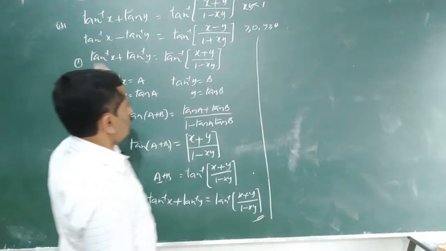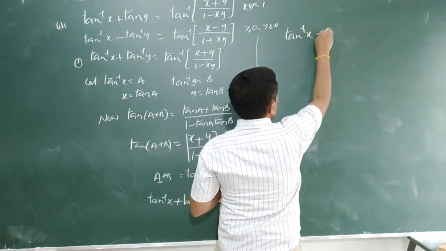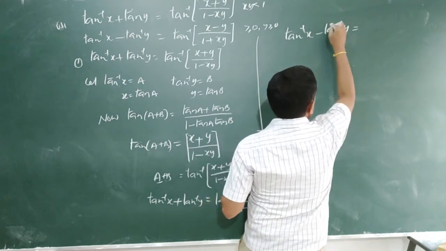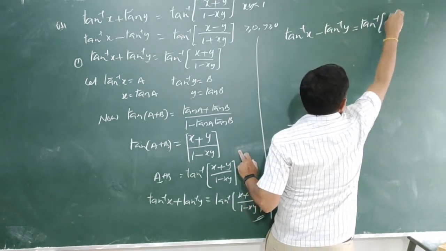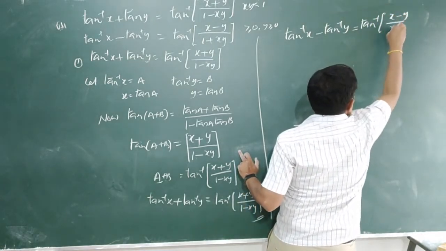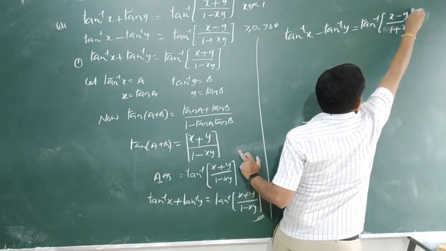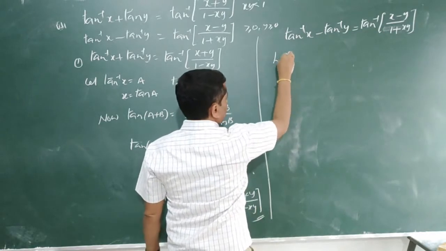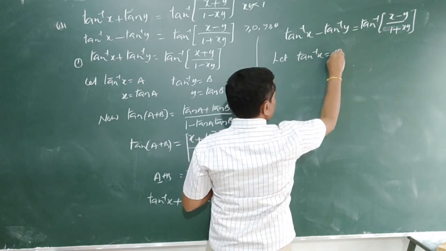Next property we have tan inverse of x minus tan inverse of y is equal to tan inverse of (x minus y) whole divided by (1 plus xy). To prove this, let tan inverse of x be equal to a.